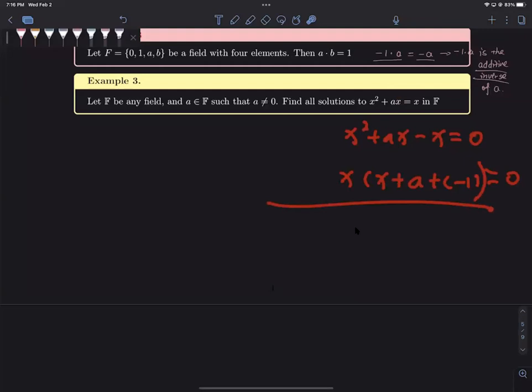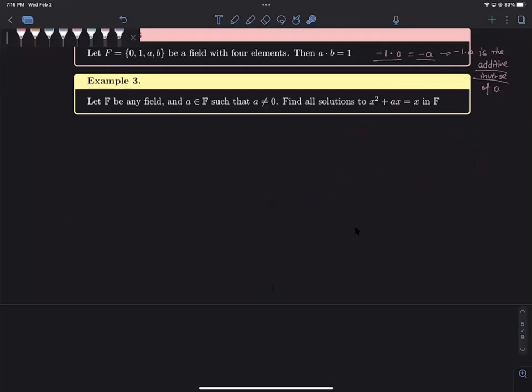Okay, so that's my first step, but using field axioms, it's going to be much longer than that, but you should know the idea. So I'm going to start with the original thing, and I'm going to add negative x on both sides. One thing you need to be careful about is whenever you add something or multiply by something, it's either left multiplication or left addition or right addition.